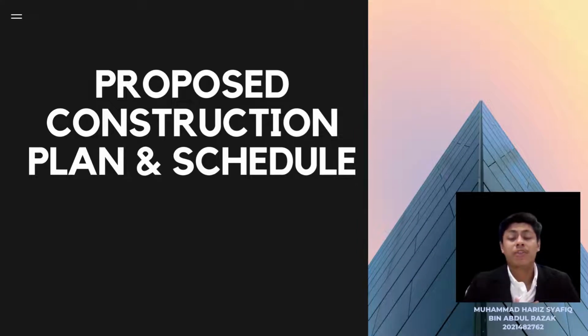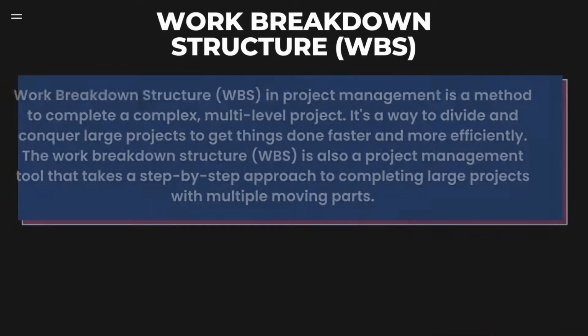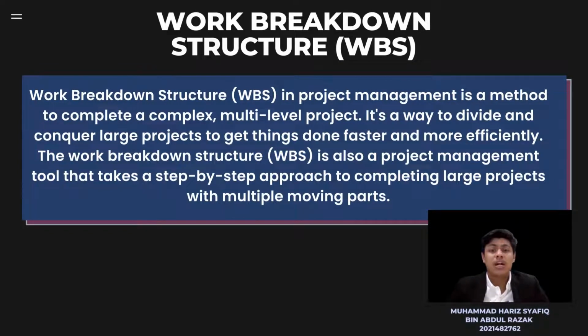Assalamualaikum warahmatullahi wabarakatuh. My name is Muhammad Harshafiq bin Abdul Razak, and I will continue the presentation about the proposed construction plan and schedule of our case study project. So, firstly, what is work breakdown structure? Work breakdown structure, or WBS, in project management is a method to complete a complex multi-level project. It is a way to divide and conquer large projects to get things done faster and more efficiently.